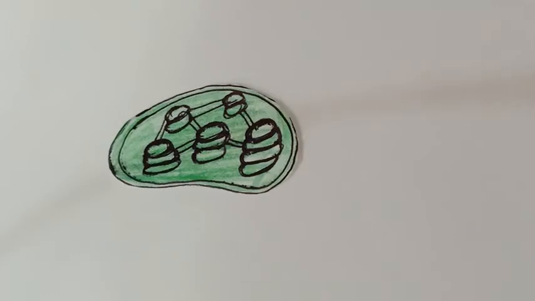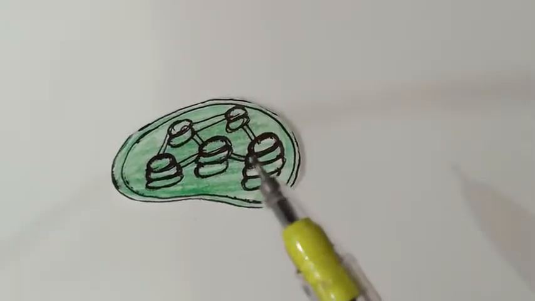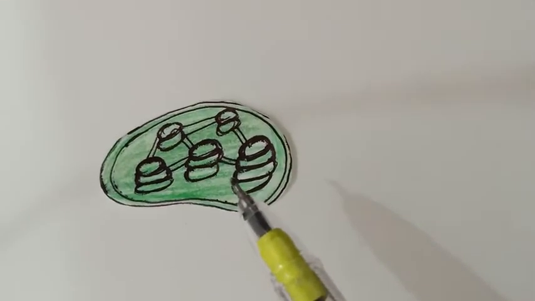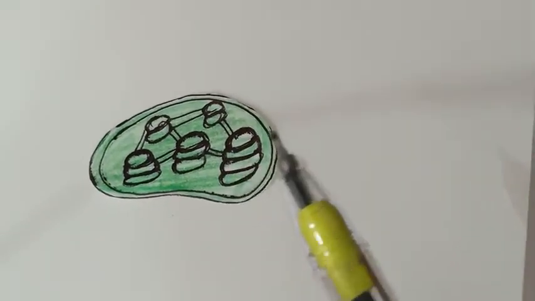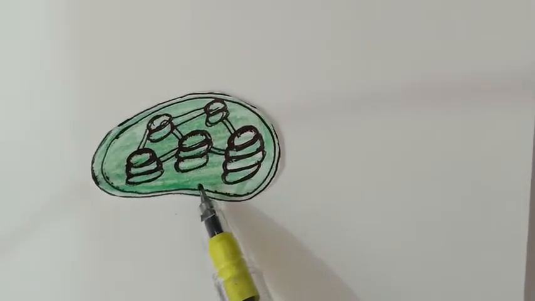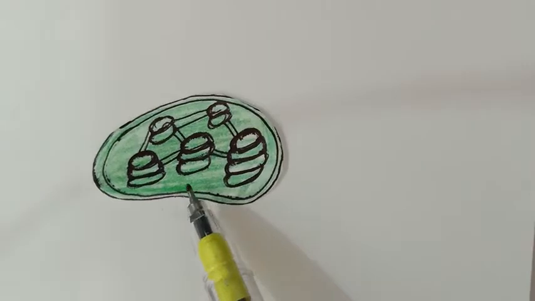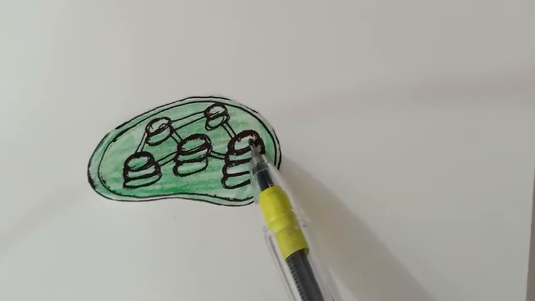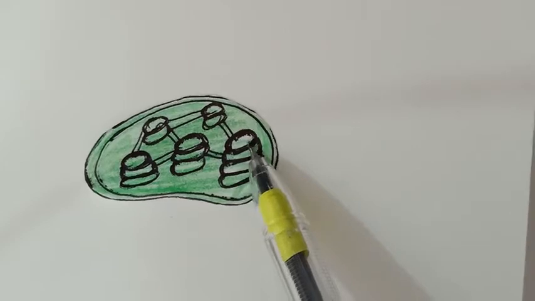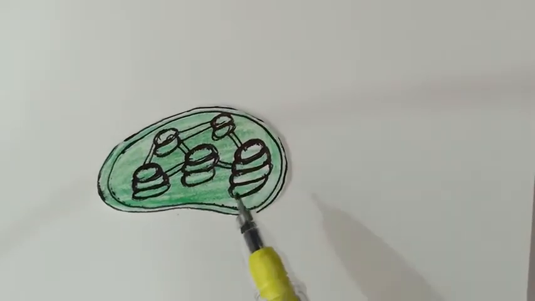Okay, so student, this is chloroplast. This is the structure of chloroplast. Basically, it contains a ground substance. That ground substance is known as stroma, and the coin-like single cell structure is known as thylakoid, and the piles of thylakoid are known as granum.